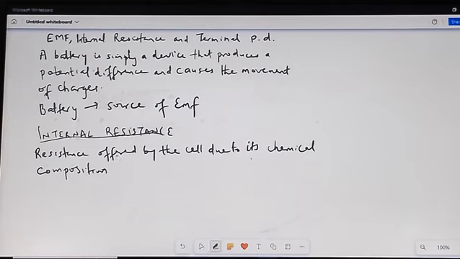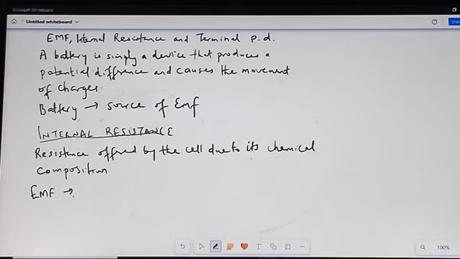Now, this internal resistance causes a drop in the output potential, and as a result of that, we have to talk about the EMF of a cell or the EMF of a battery.